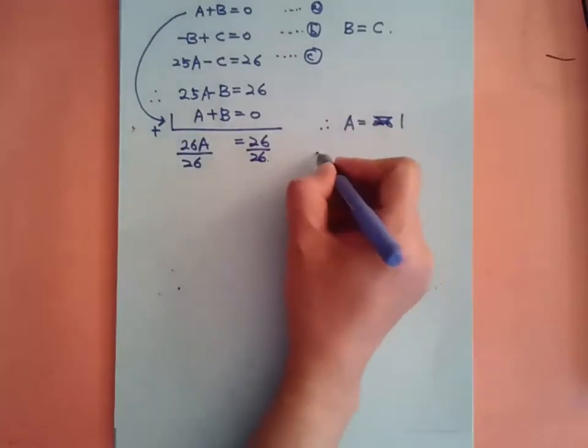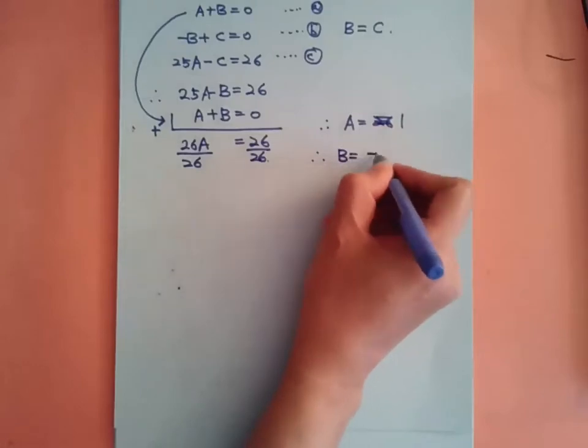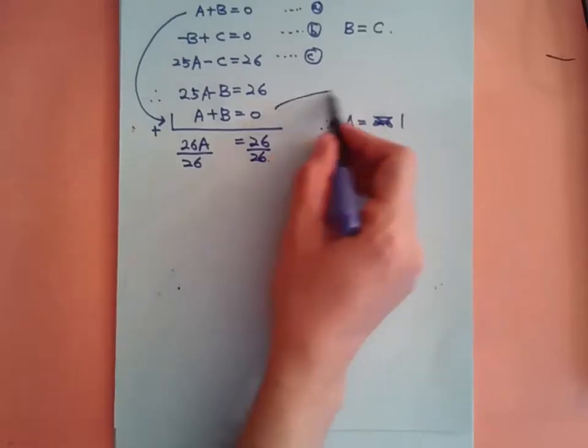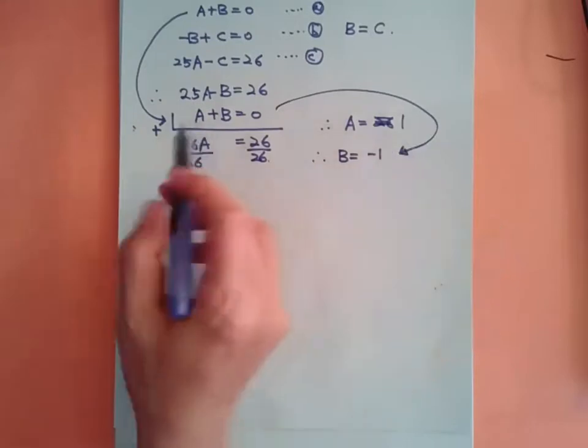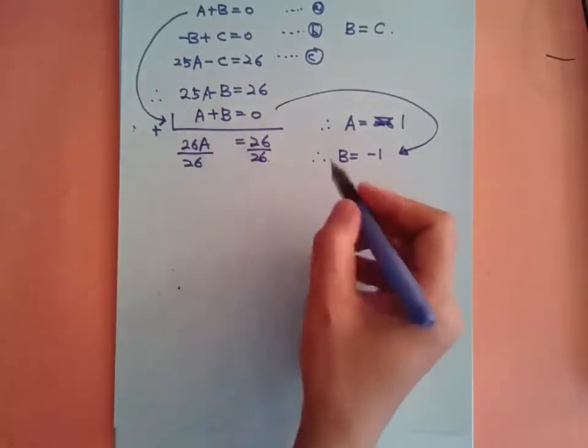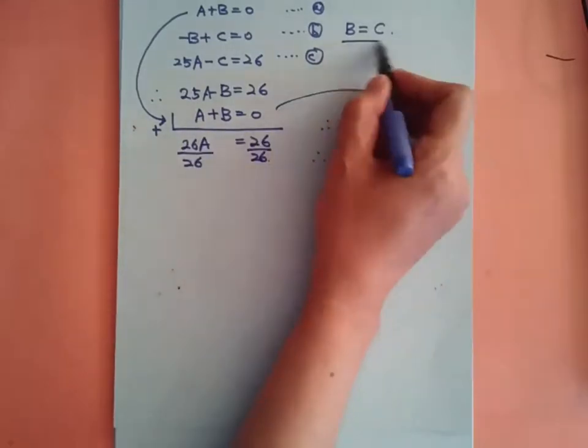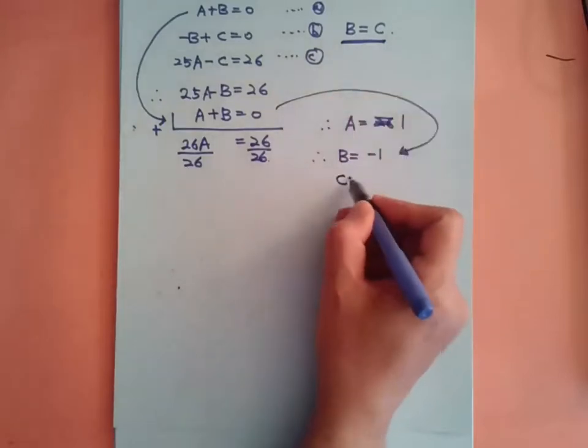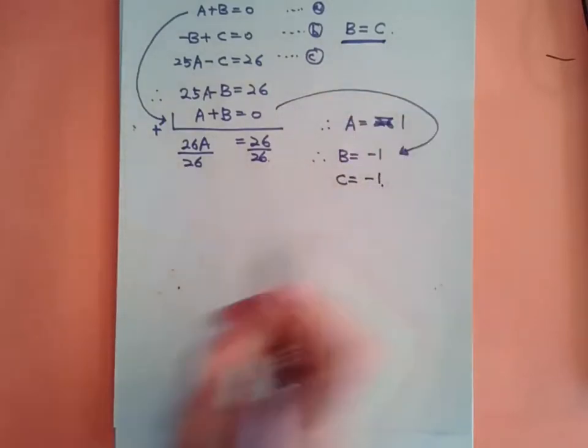So that means b equals minus 1, because a plus b equals 0, right? And then b equals c, so we have c equals minus 1, right?